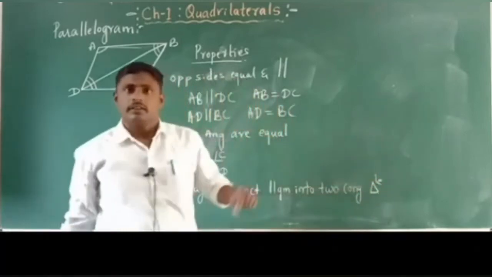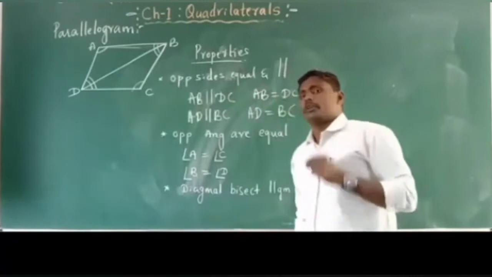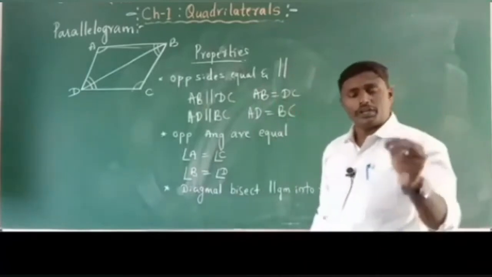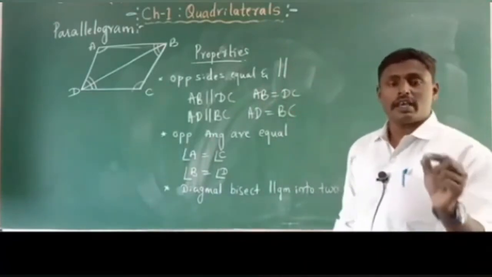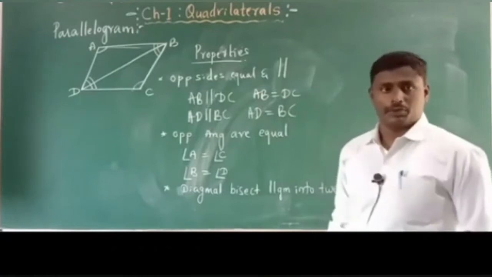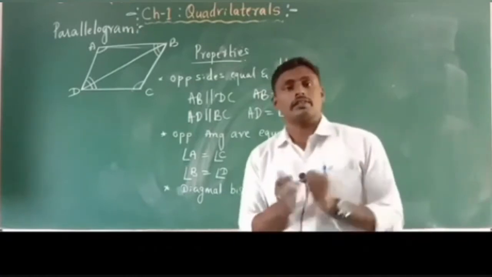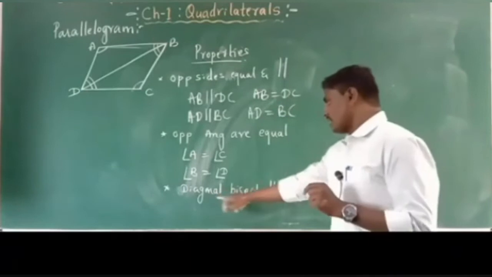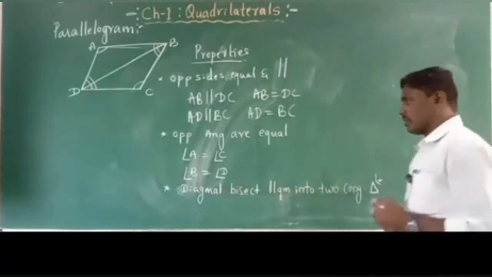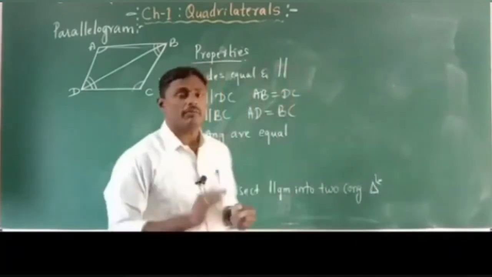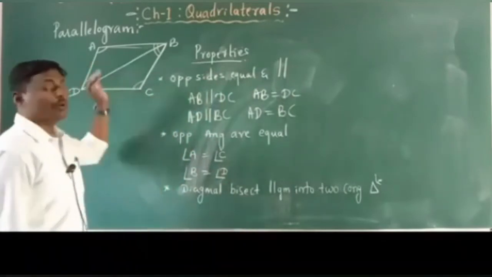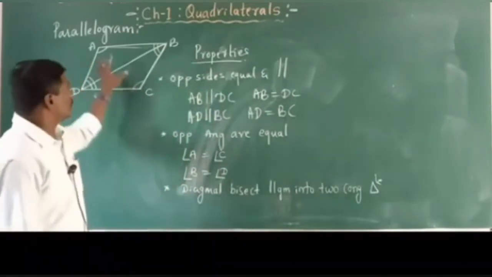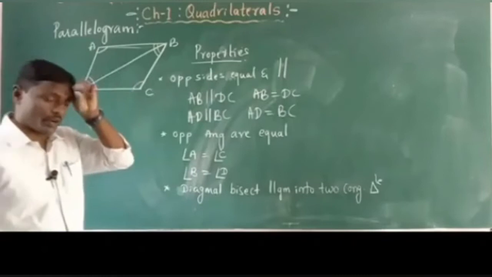Congruent means any two geometrical shapes, any two geometrical figures which are the same in size and shape. So those two figures are called congruent. So the diagonal of the parallelogram bisects the parallelogram into two equal parts, and the two triangles are congruent.